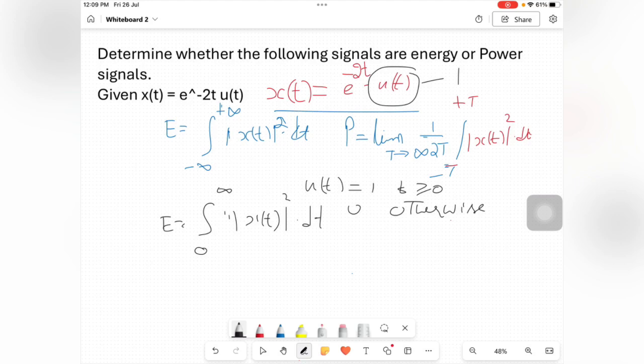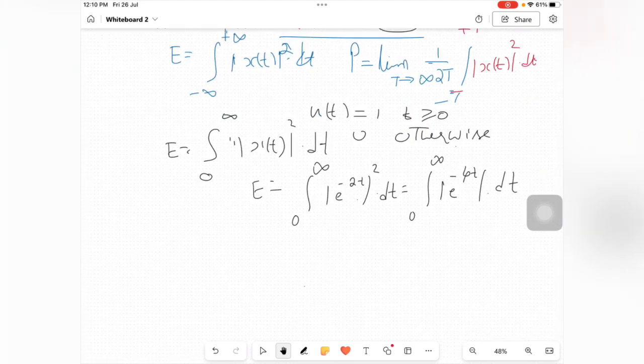So E is equal to the integral of 0 to infinity of e power minus 2t whole square dt, which is the integral of 0 to infinity of e power minus 4t dt.